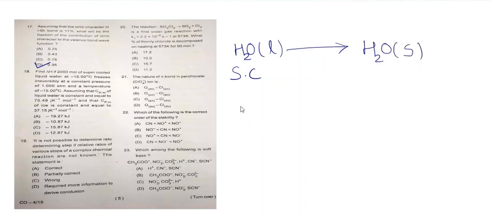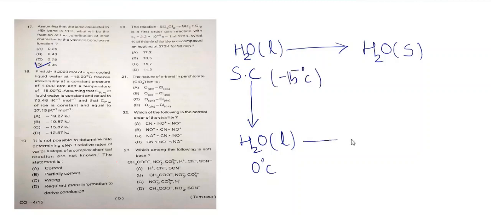Ice. So before going to this phase directly, it will go through these steps. Water in liquid form at minus 15 degrees Celsius, then it will move to water in liquid form at 0 degree Celsius, then it moves to the water in solid or freezing state at 0 degree Celsius.